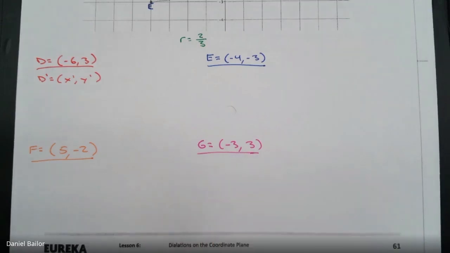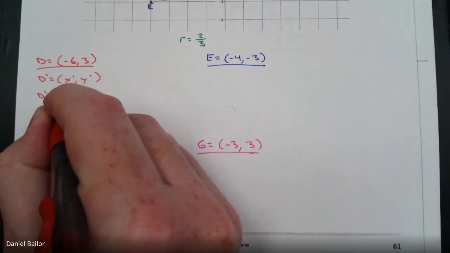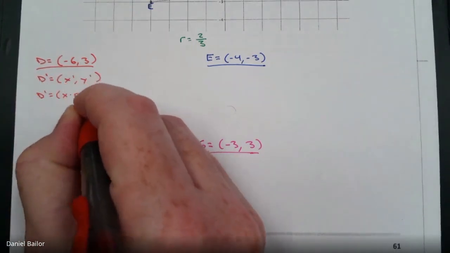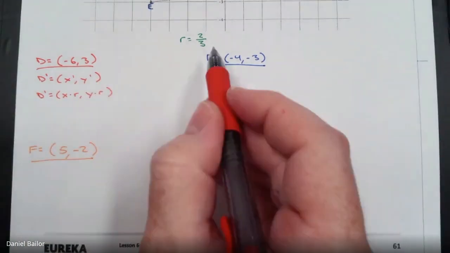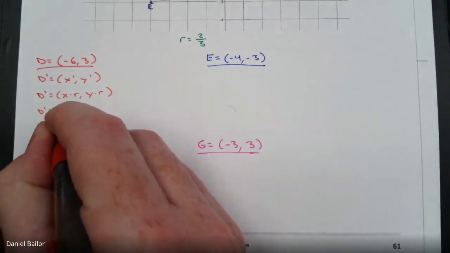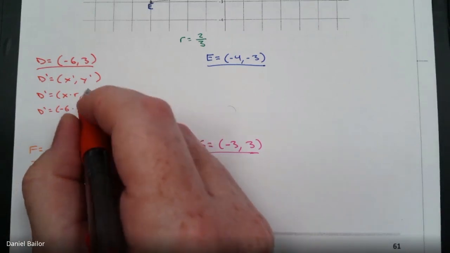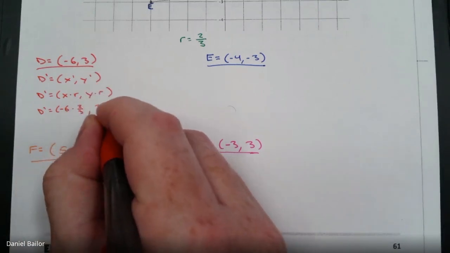And now underneath right here, I'm doing the work after the dilation. So x prime is going to be x times the scale factor. Y prime is going to be y times the scale factor. I know my scale factor is 2/3, so let's do some work. X is -6 times 2/3. Y is 3, and I do that times 2/3.